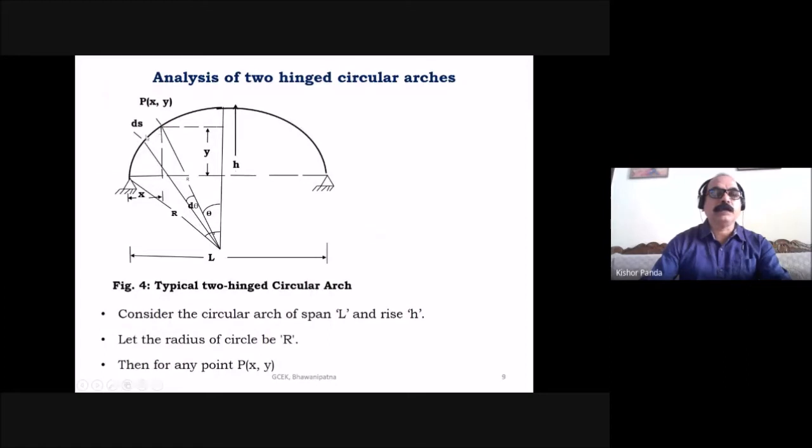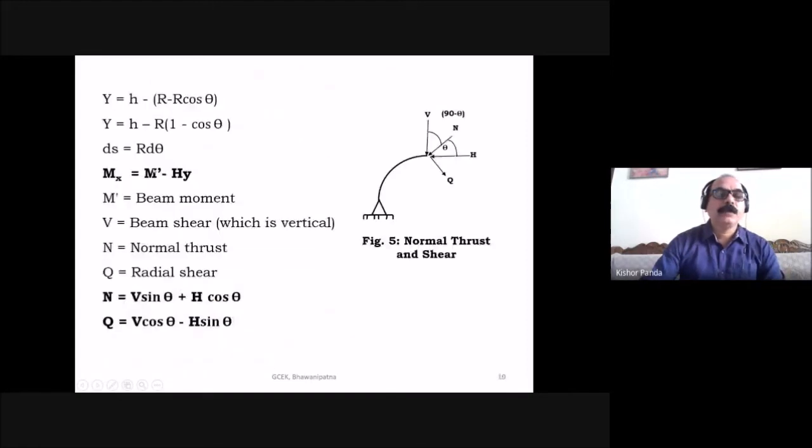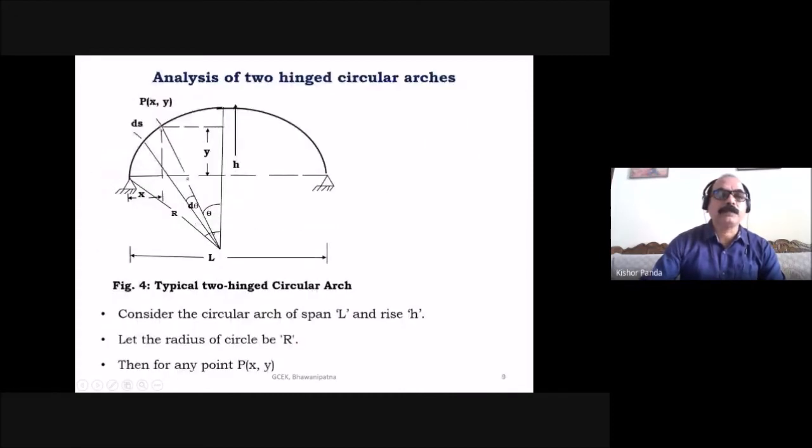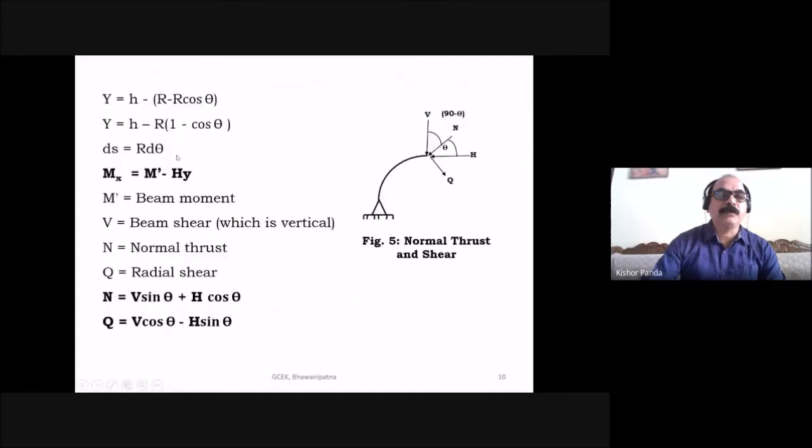This length is equal to the radius into the angle between them, R d theta equals ds. And you know what the moment is. At a distance x, what is the moment? Mx is equal to the beam moment M dash minus Hy.